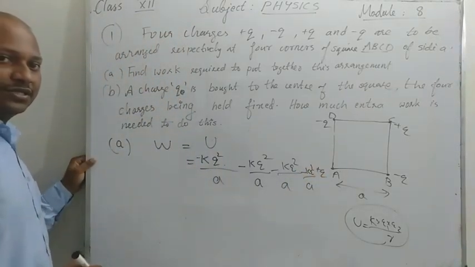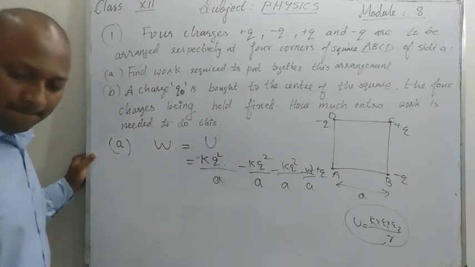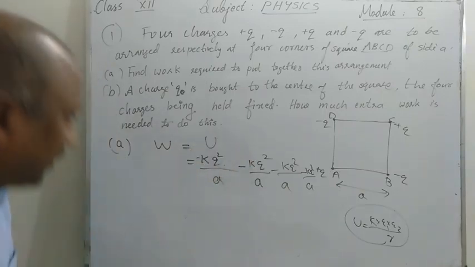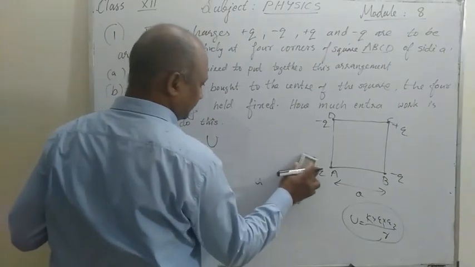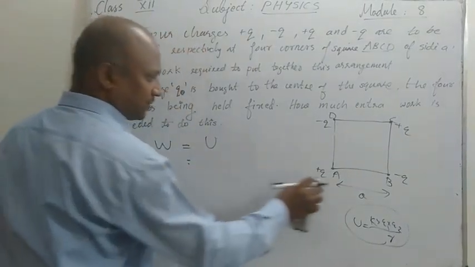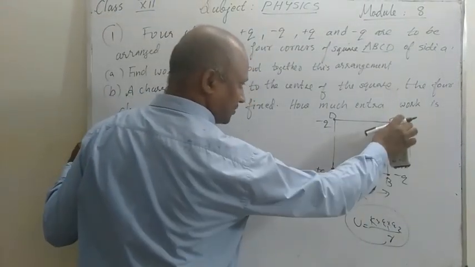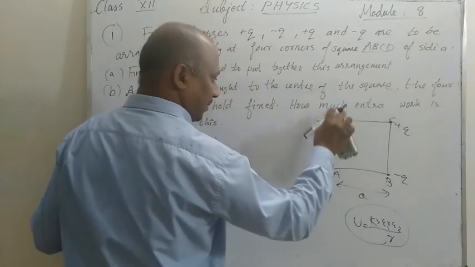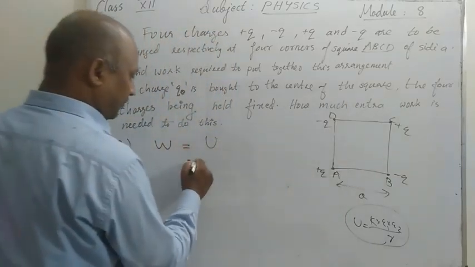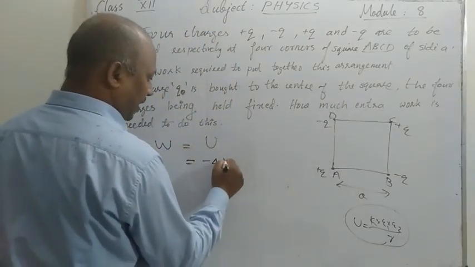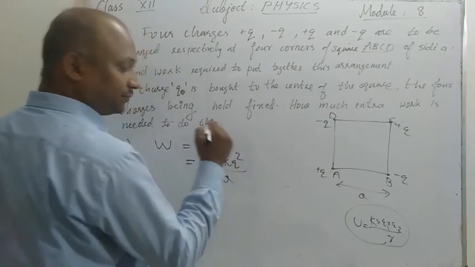So in short I should say there are four K q square upon a, because this is plus into minus minus, plus into plus minus, plus into minus minus, minus into plus minus. So every side we have minus 4 K q square upon a.